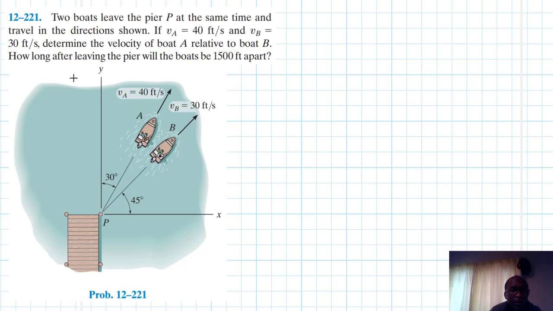Let's start with getting the components of these two boats. Let's start with VA. VA will have this component like so, and another one like so.